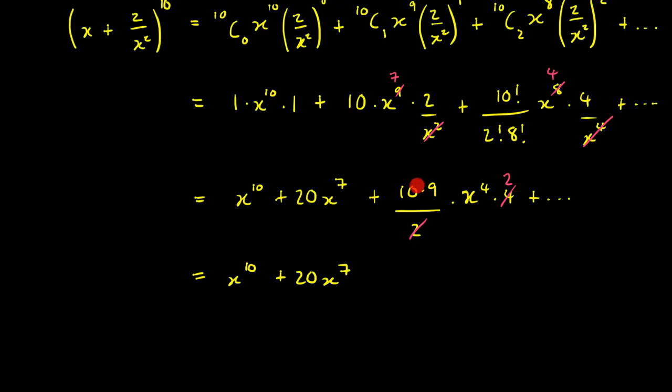I have got 2 times by 9, which is 18, times by 10 is 180. So I've got 180 x to the power 4 plus dot, dot, dot, dot, what is left over. Now let me just check that I have got that right. Yep, that is correct. Okay, so let's go to the next part.